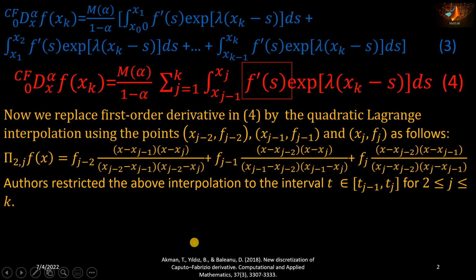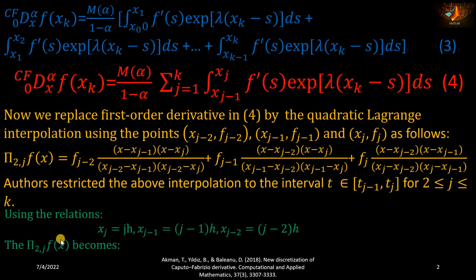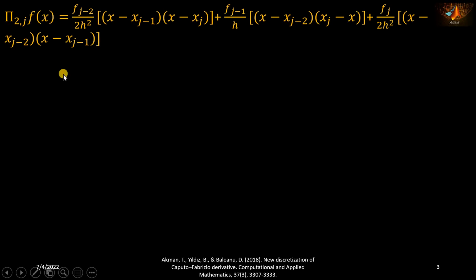After this, I have also used these known relations from our knowledge of classical numerical analysis. I am going to replace xj by jh in this yellow color expression, similarly xj minus 1 with this expression, and finally the last one. If I replace, I will get the expression that you now see on the slide.